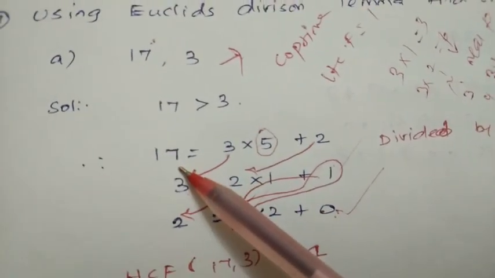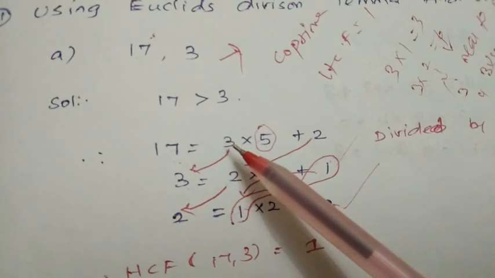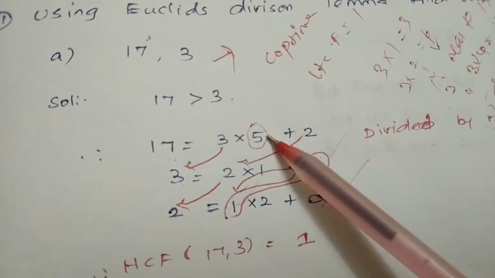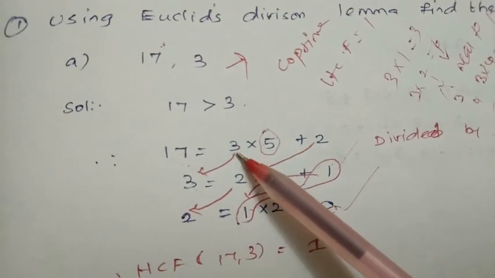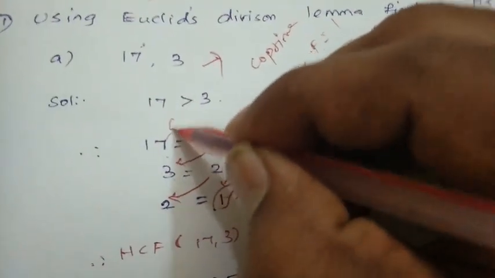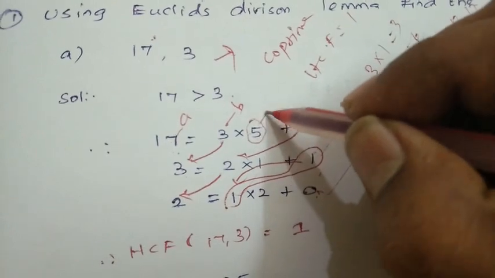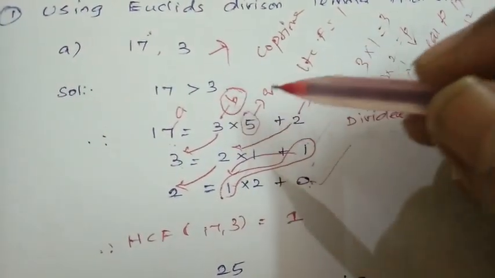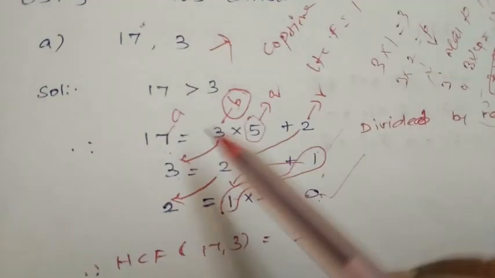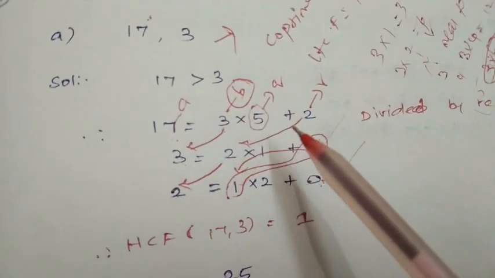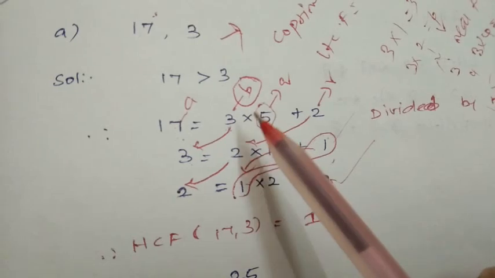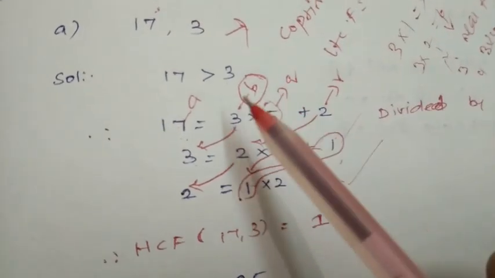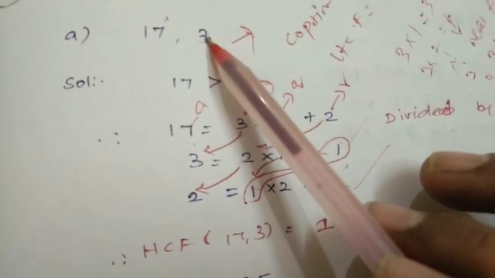Here A, B, quotient: you are going to divide by your divisor B. This one is the A value, this one is the B value, this one is the Q value, this one is the R value. You are going to use this B value once again, so write this number, don't change the order. 5 into 3 is wrong, so 3 is the divisor.